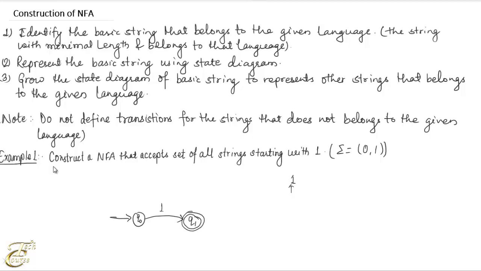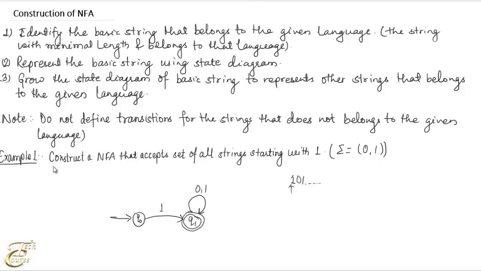Whatever symbols come after this 1, that is either 0, 1, or as many, should be accepted. That means reading any symbol in Q1 state should also be accepted. Therefore, we make this transition on the state Q1.